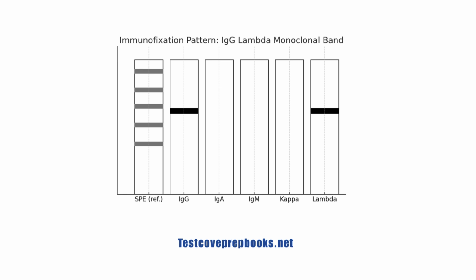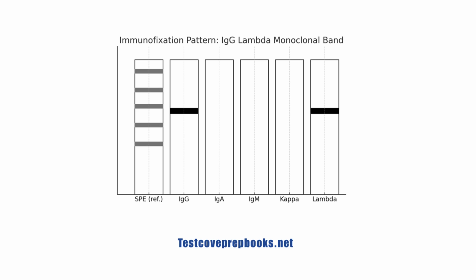In this case, a distinct sharp band appears in the IgG lane, and another sharp band appears in the lambda light chain lane. The absence of similar bands in IgA, IgM, or kappa lanes confirms that this is a monoclonal IgG lambda protein. This result would be reported as IgG lambda monoclonal gammopathy, which is often associated with disorders such as multiple myeloma or related plasma cell dyscrasias.